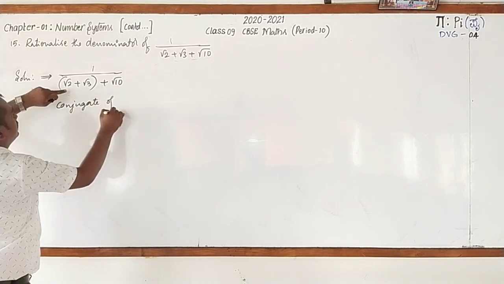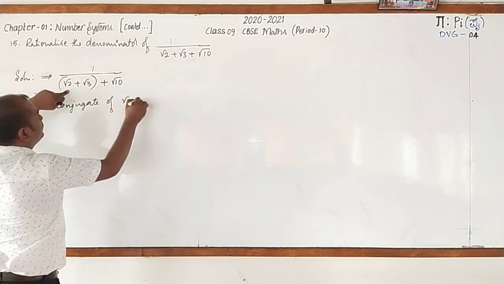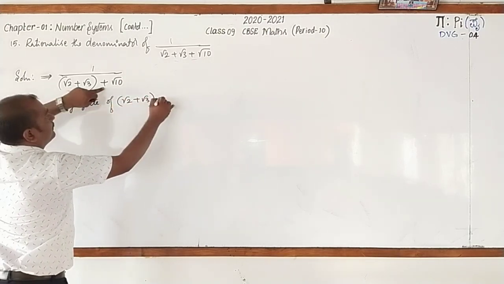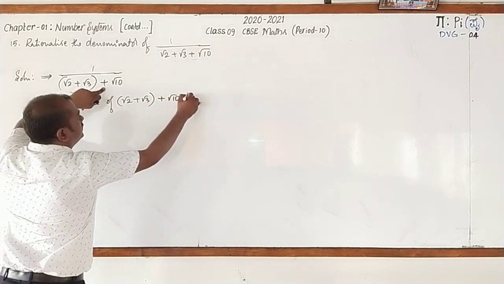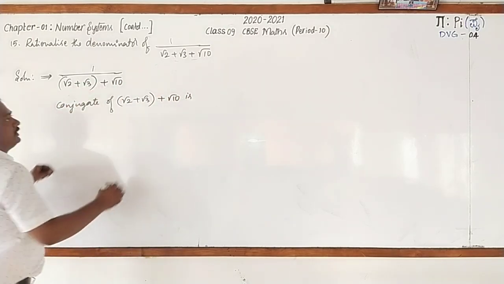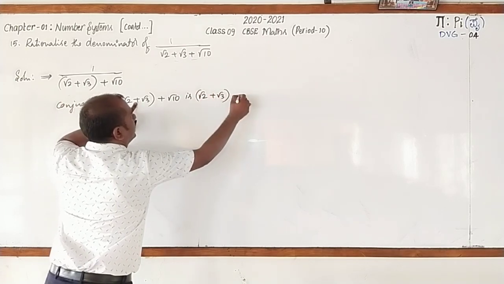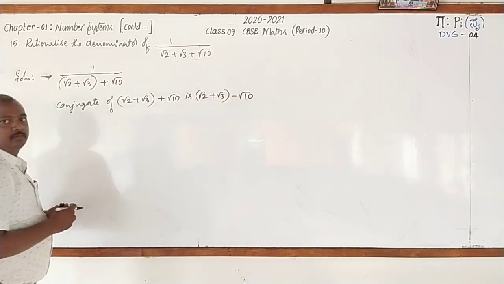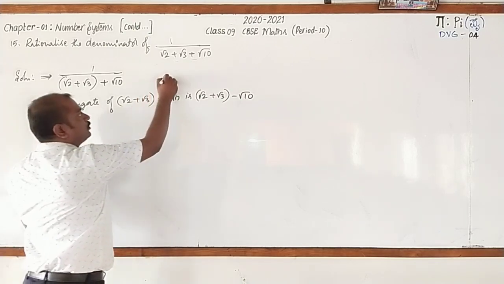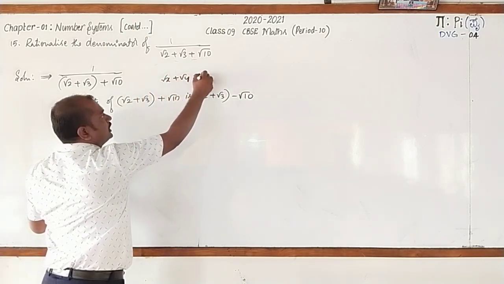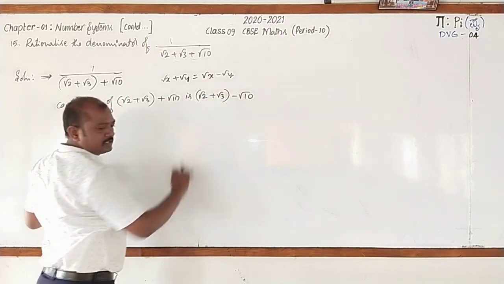Conjugate of root 2 plus root 3 plus root 10 is root 2 plus root 3 minus root 10. If the conjugate of root x plus root y is there, we used to take root x minus root y in the same way.